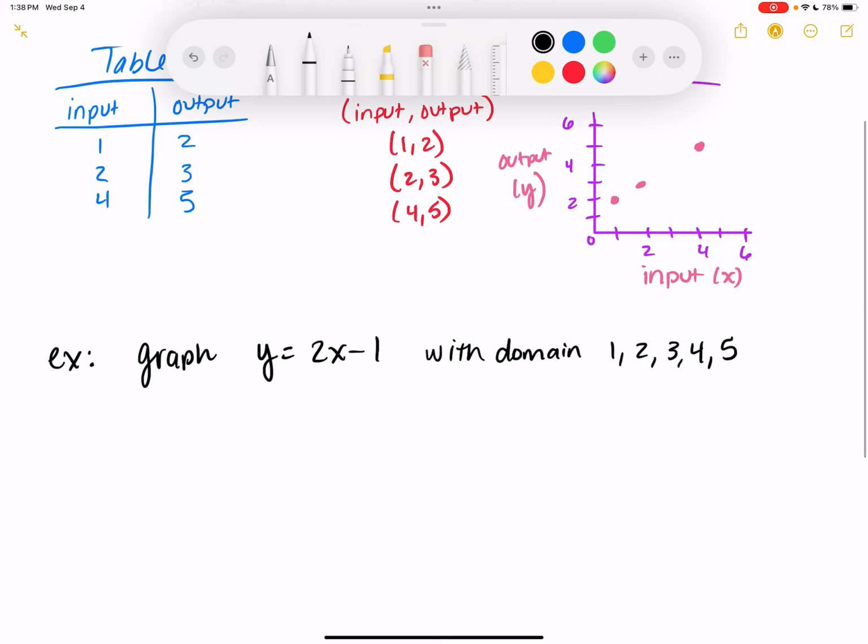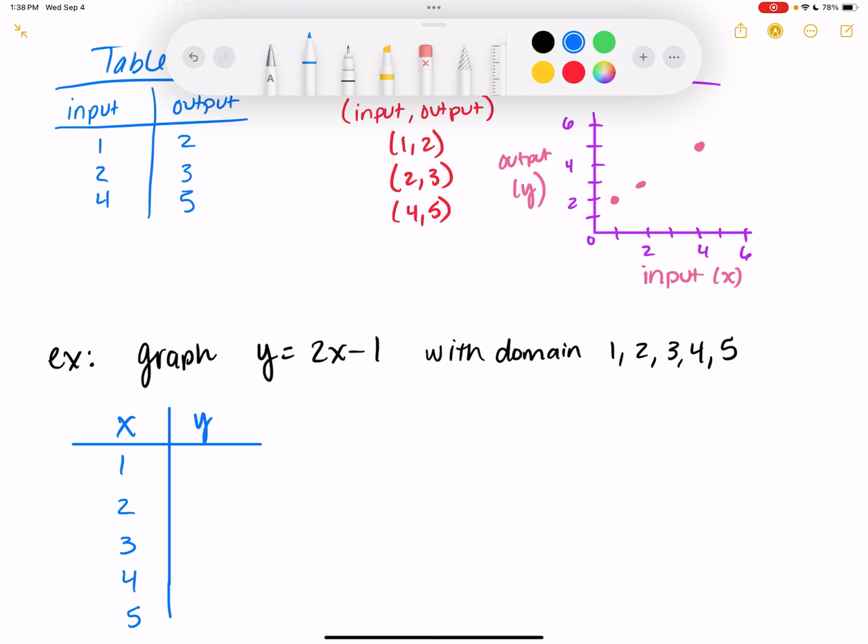What I'm going to do is I'm going to make a table. So the domain values are my x values. So 1, 2, 3, 4, and 5. And then I'm going to plug in these values for that.